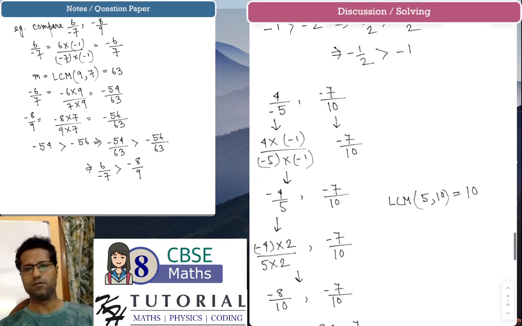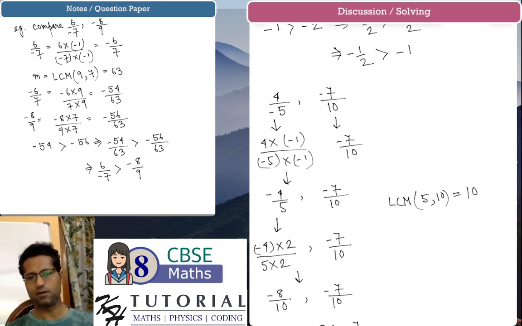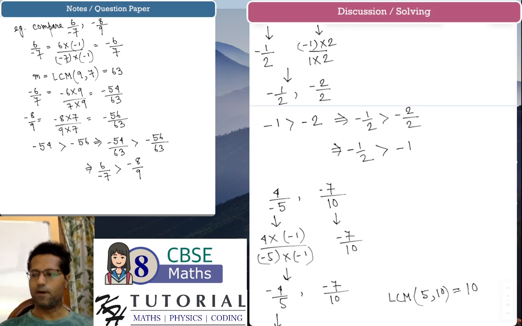So I hope these basic examples will give you a clear idea how we compare rational numbers. Now in real problems, you will be given more than 2 rational numbers, 3 or 4 or 5, and you will be asked to arrange them in ascending order or descending order. So basically you have to use all these concepts, the concept of comparing 2 rational numbers, to sort them, to arrange them in ascending or descending order. And while doing so, you will also need to apply the concept of converting a rational number to its standard form.